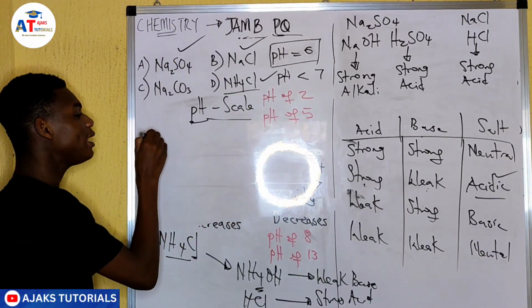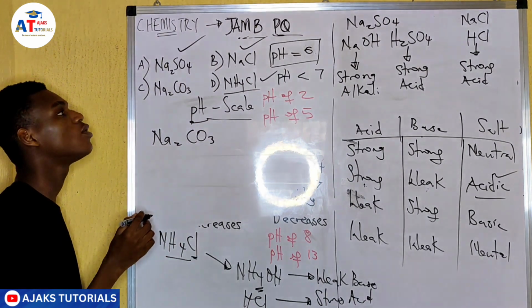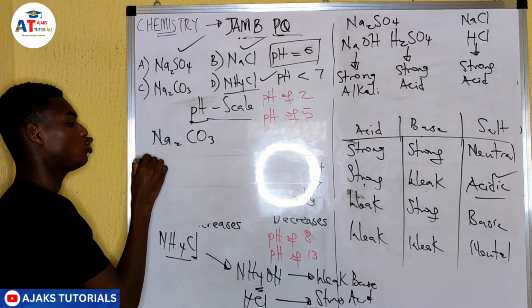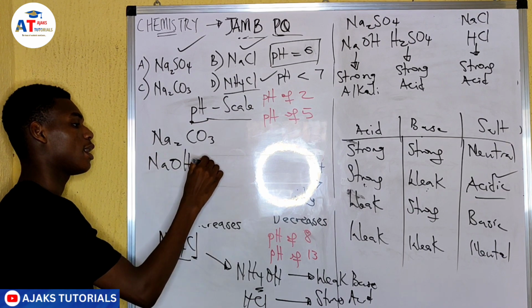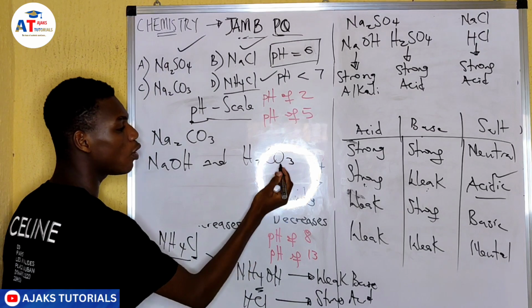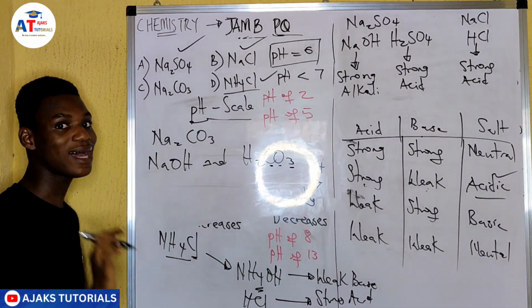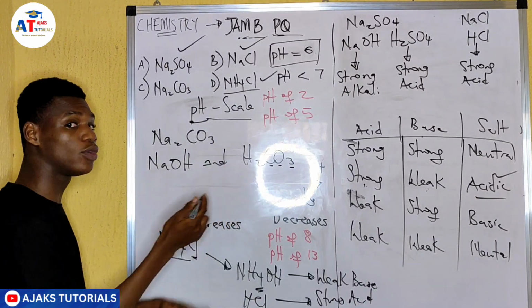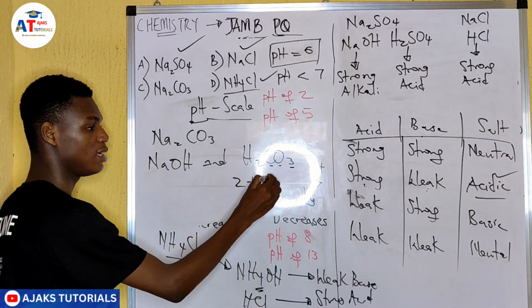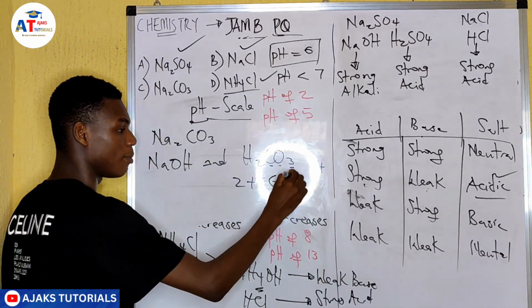Now, Na2CO3 is a salt from sodium hydroxide and H2CO3. This is called trioxocarbonate IV acid. Now, why is it IV? Let me quickly do oxidation number. So 2 plus C minus, oxygen is minus 2, minus 2 bracket 3.